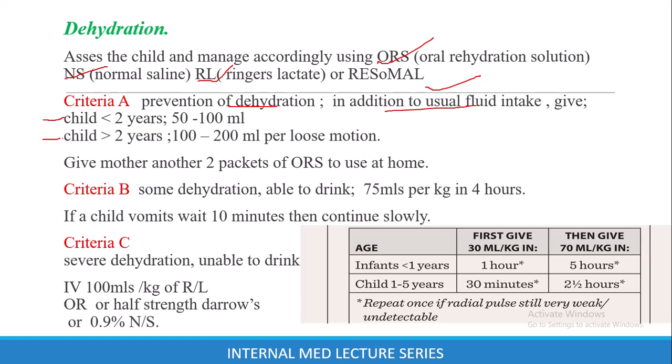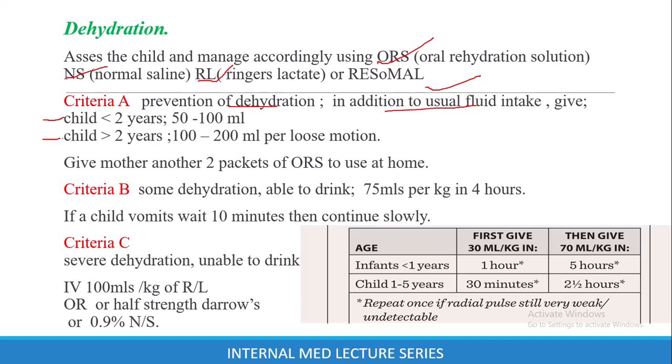So you get 75, you multiply by the weight of the child. Whatever volume you get in ml, you give it slowly in 4 hours. If the child vomits as you're giving them, you leave the child for 10 minutes and then you continue slowly.